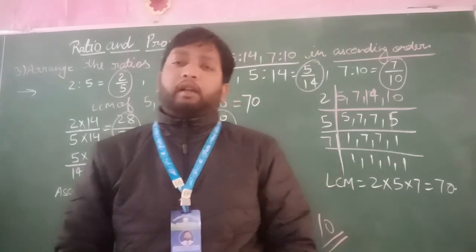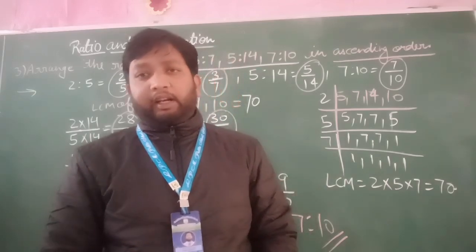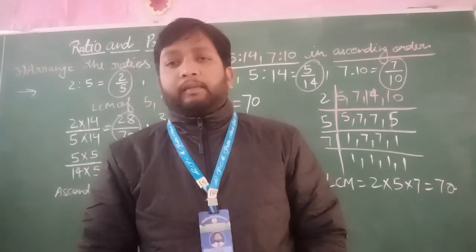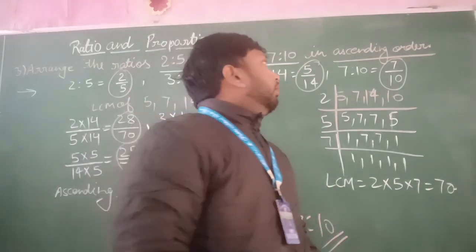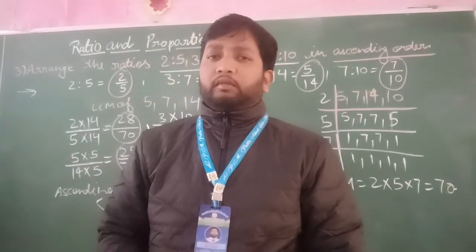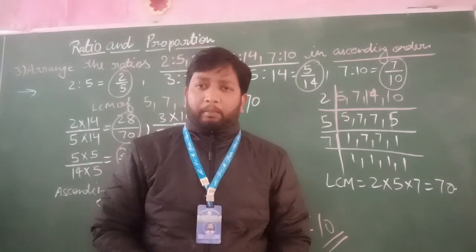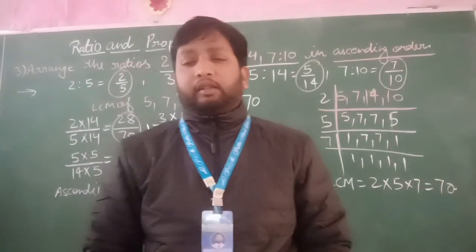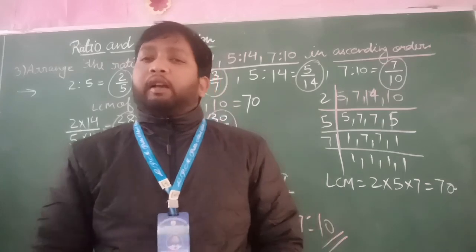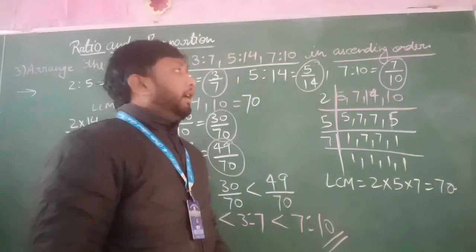First we will know what ascending order is. Ascending order is nothing but writing the numbers in increasing order. If we write the numbers in decreasing order, then it is called descending order.